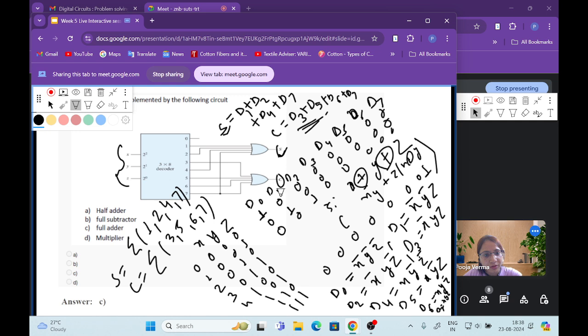Then it is the equation for carry. So you can say that it is implementing the full adder. Otherwise, if you remember the min terms for the full adder and full subtractor, you can directly take it from here. Okay, so option C is the correct answer for this one.